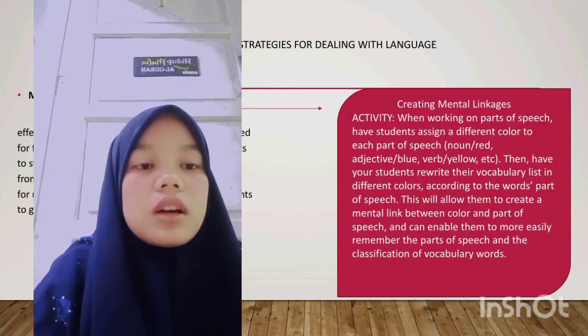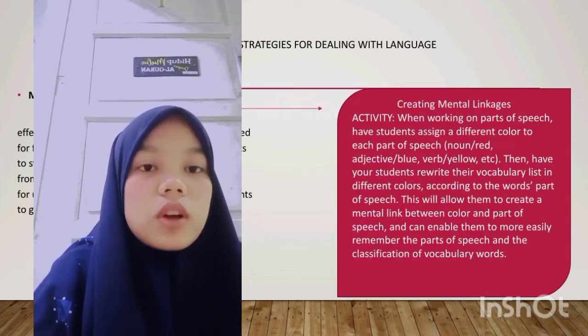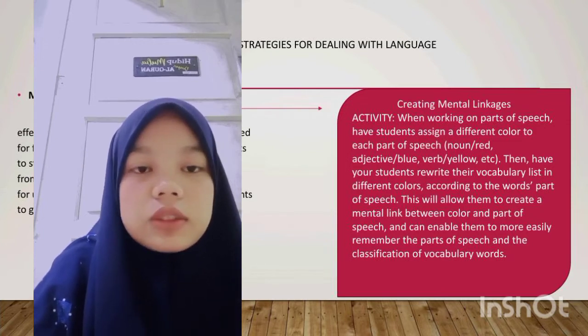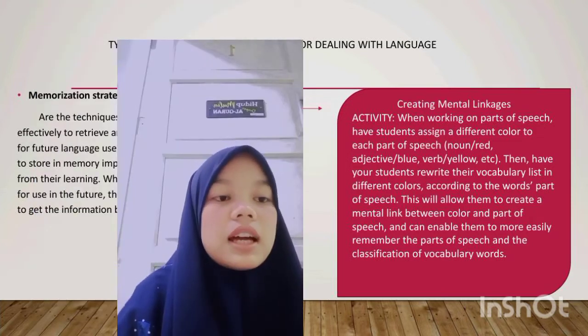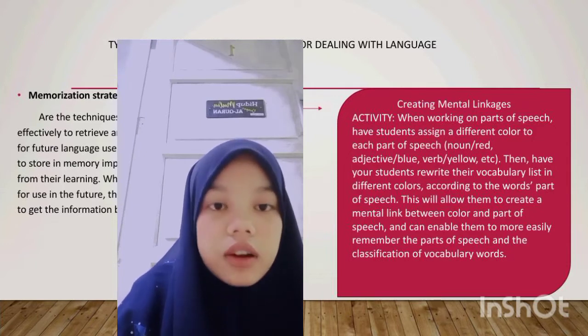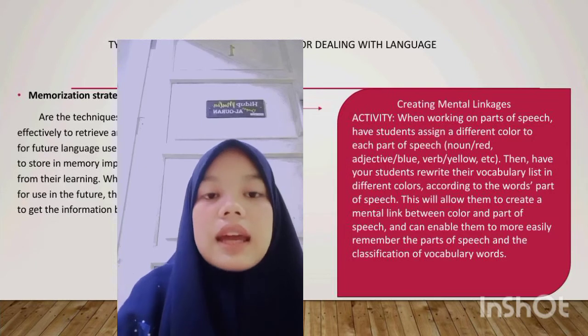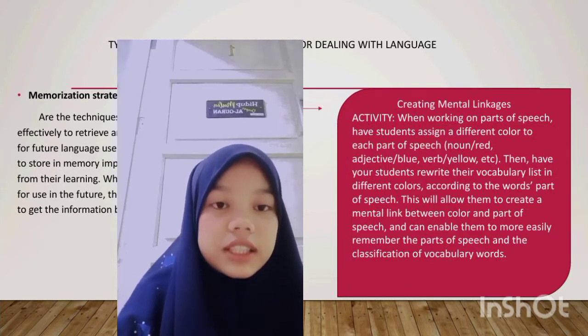Example, when working on parts of speech, have students assign a different color to each part of speech. Like this, for noun we give the red color and blue for adjective.